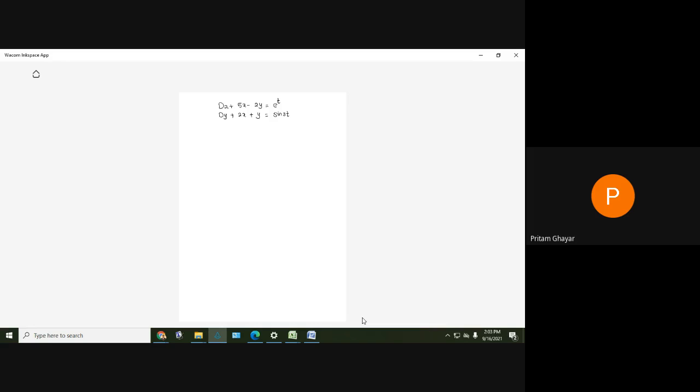I'll write the terms in x together and the terms in y together. Okay, so it is like this. Understood this step? Very important step.